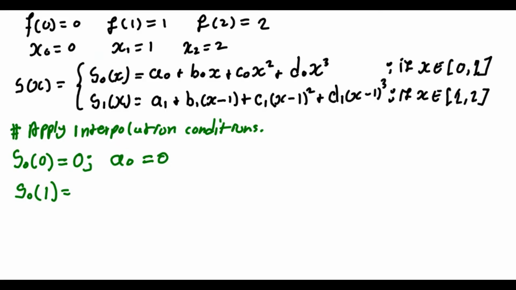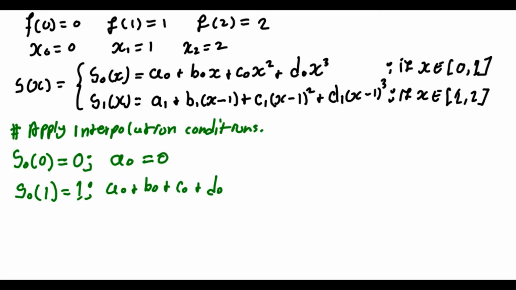What is our f of 1? It's equal to 1. So this is equal to 1. Now let's evaluate for this part after we substitute with 1. So plug in 1, 1, 1 here. This is just going to be a naught plus b naught plus c naught plus d naught.